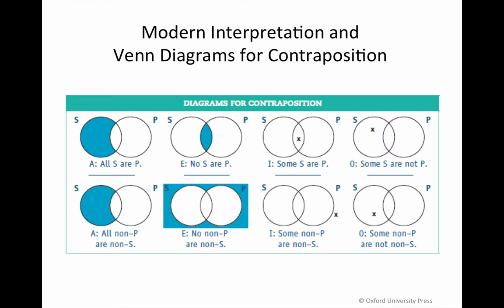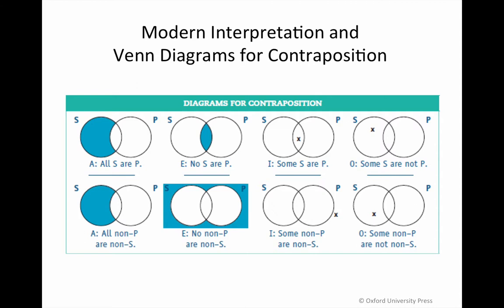But it's also worth mentioning that contraposition is the mirror to conversion. So remember, conversion on the modern interpretation is valid for E and I. It's not valid for A and O. Contraposition on the modern interpretation is valid for A and O, not for E and I. So you can see where the mirroring or symmetry lies.